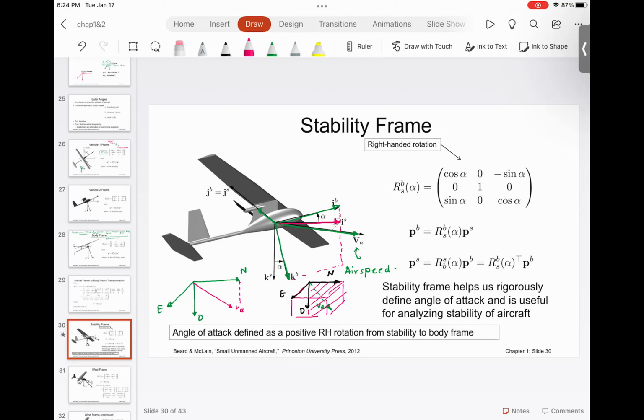Props are designed to generate thrust, and fans are designed to generate airflow. At the end of the day, what we are doing is manipulating energy, whether it's pressure energy or flow energy.